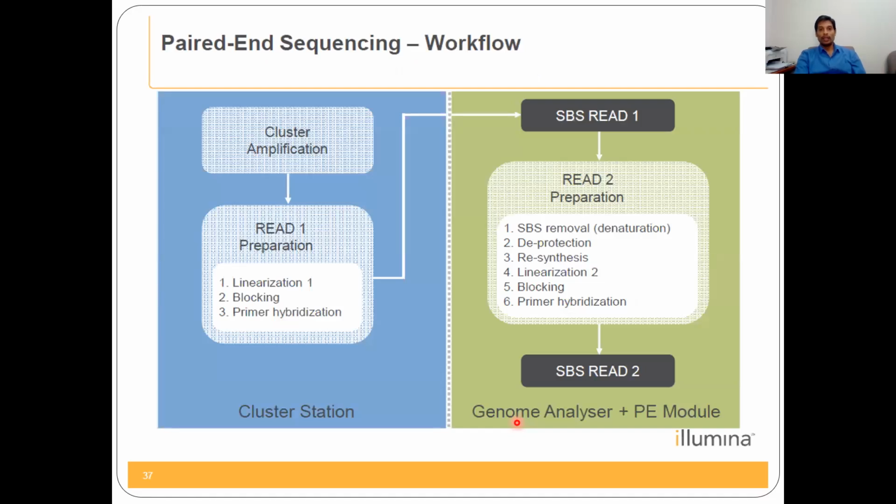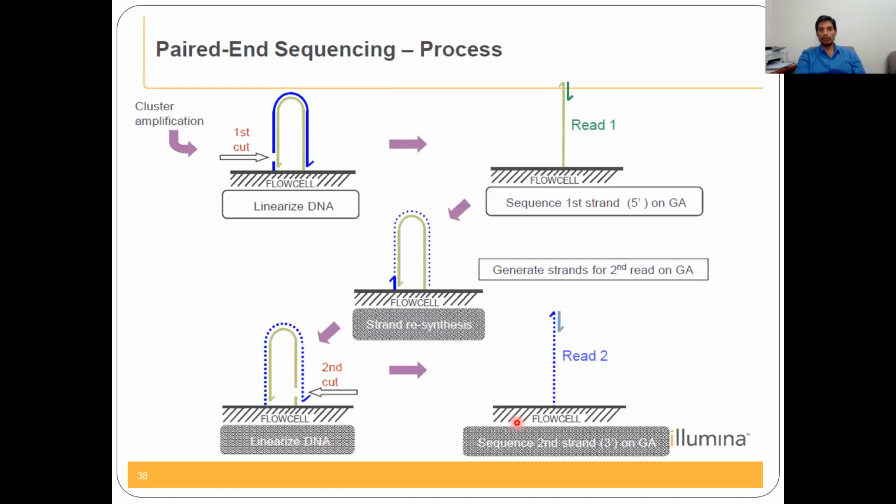How to do that? If you have understood until now, it is almost the same to use paired end sequencing. What we are going to do, I'm showing in a different illustration here. When the flow cell has the bridge amplification, two kinds of DNA sequence form in each cluster.